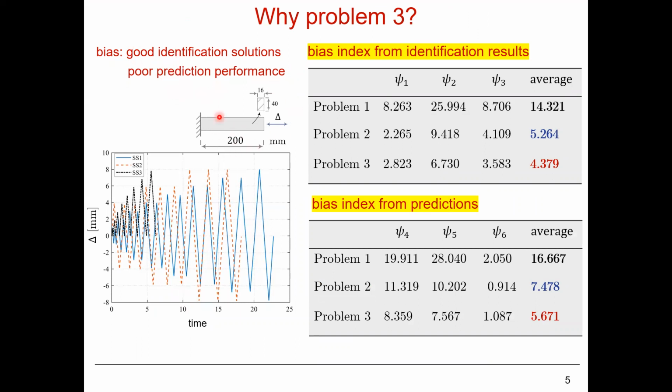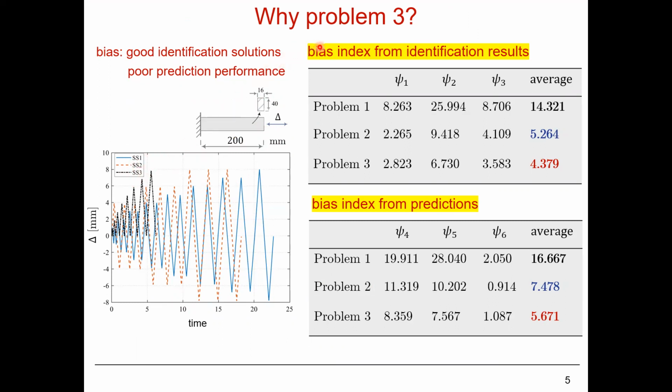We show here a result from this study to explain our formulation. We identify the parameters for a specimen like this. It's tested under 3 different loading histories here. We also define a so-called dataset specific bias, and that means the parameters identified from a specific loading history, for example, SS1, may provide inaccurate prediction of the behavior under other loading histories, for example, SS2 and SS3.